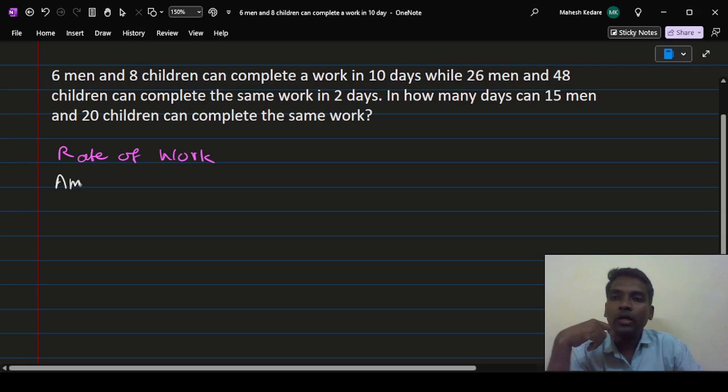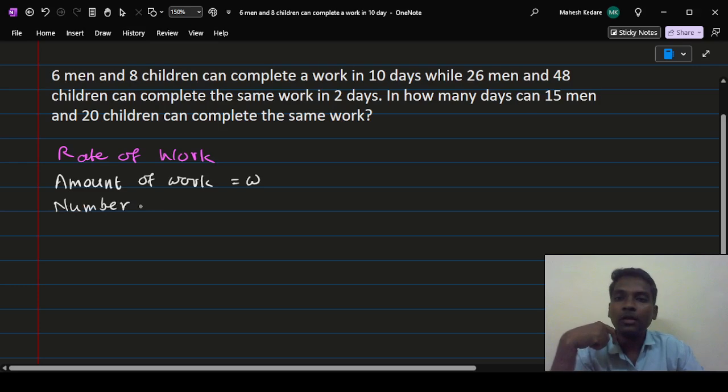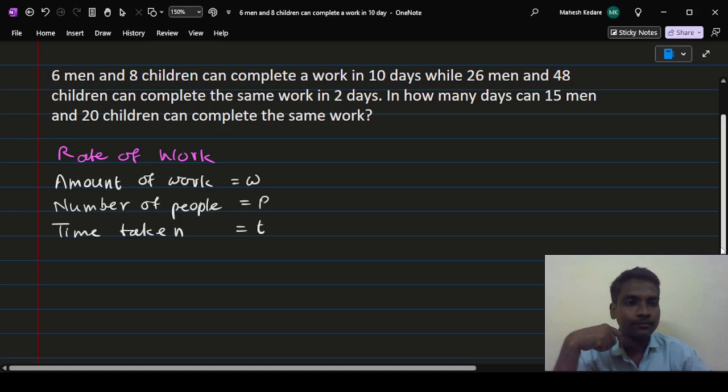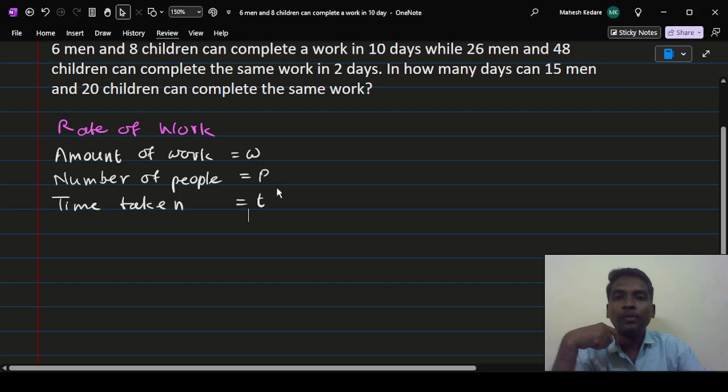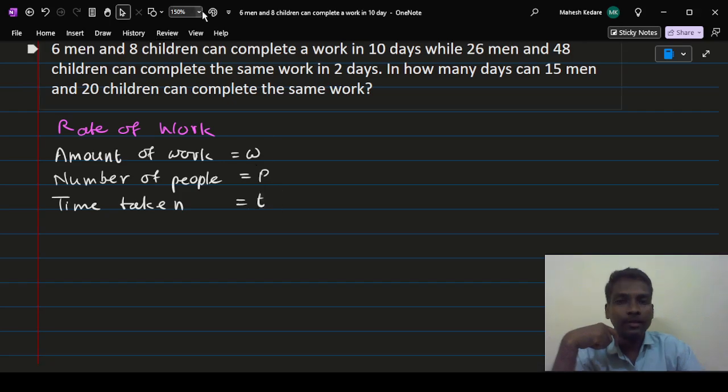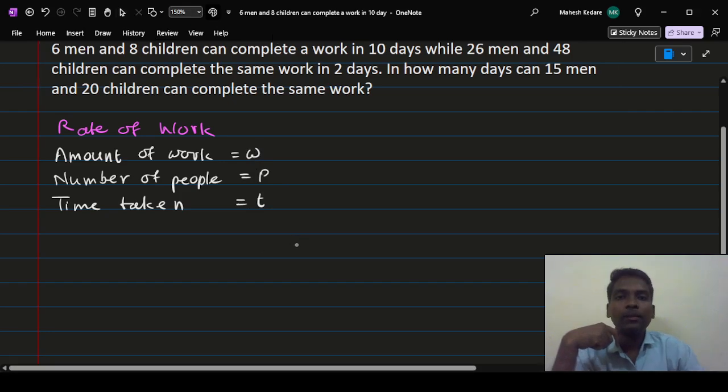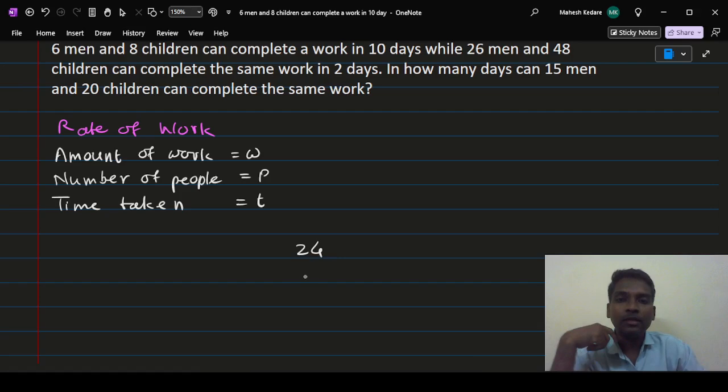We denote the amount of work by W. The number of people doing work be denoted by P. And the time taken to complete the work, we denote it by T. Now P people are doing work W in time T. Suppose the amount of work is 24 units and this work is done by P people in say 4 days.